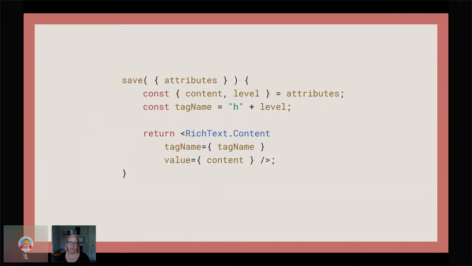That's a pattern for if you're using the RichText component in your edit function, which if you're using HTML, you'll probably be doing, because it brings in a lot of helpful functionality like the toolbar, and really lets you have that rich text interface. So what's more important to know in the save function, like I said before, is you can totally control the HTML output. So you really do need to think about the structure of your block.